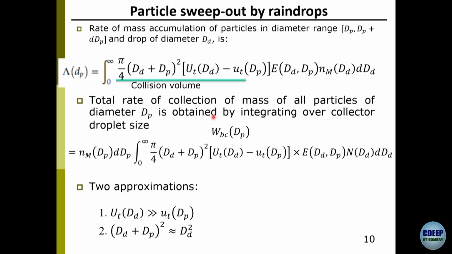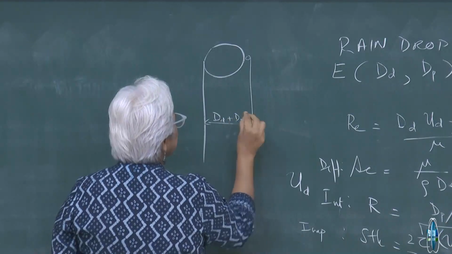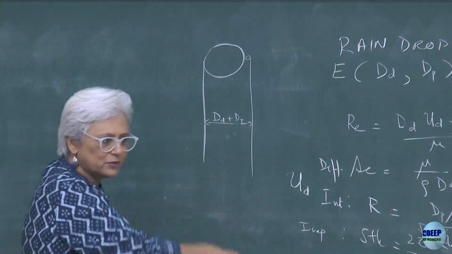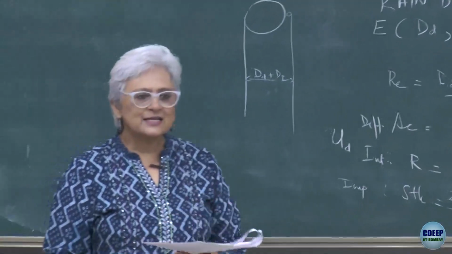So now we come to the real atmosphere, and we say that we have to be thinking of this as a drop that is falling, and in the ideal case you have a little particle here, and the volume that is being swept out by this is a drop diameter plus a particle diameter. The whole thing is getting swept out, right?